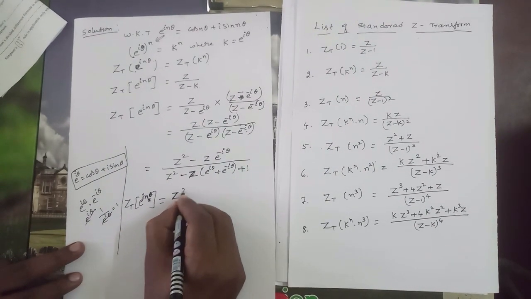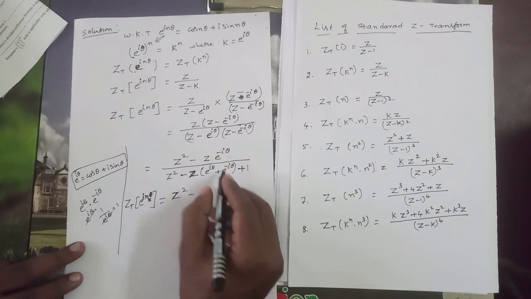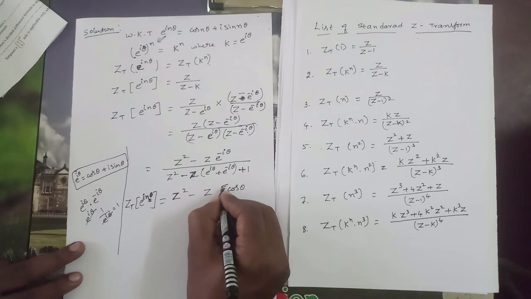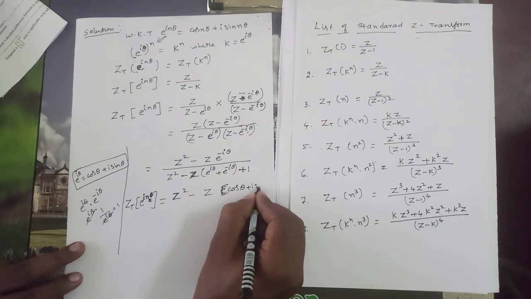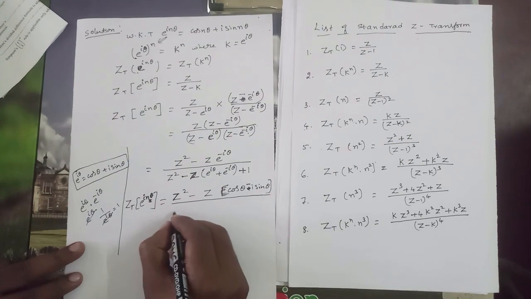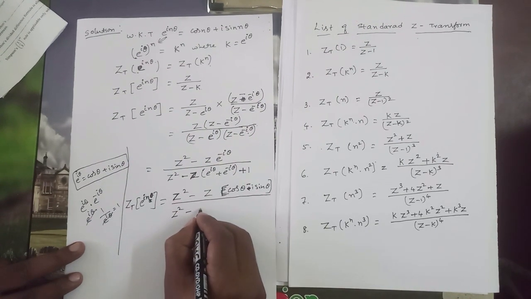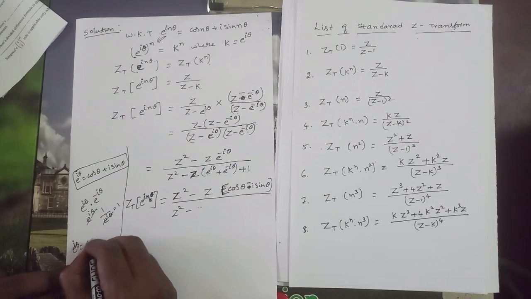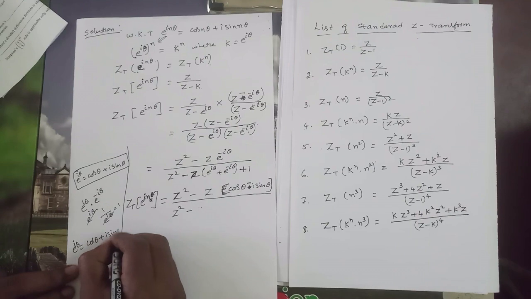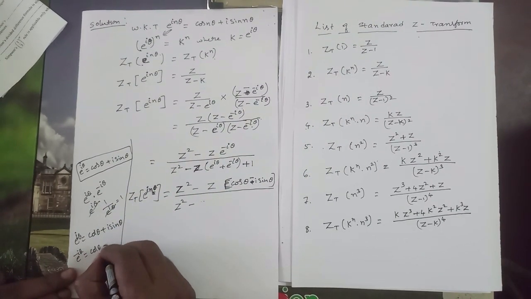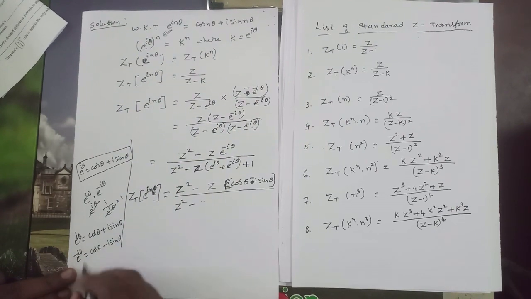What do you get here? z square minus z into e to the power of minus iθ, whole divided by, what do you get? z square minus, here e to the power of iθ can be written as cos θ plus i sin θ, and e to the power of minus iθ can be written as cos θ minus i sin θ.